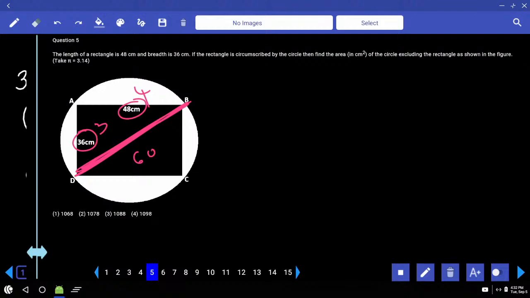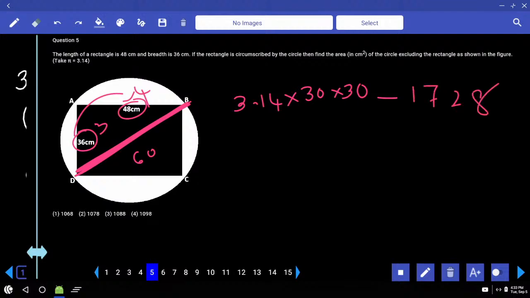So what is the radius of the circle? 30. So pi r square, pi is 3.14 into 30 into 30, that is the total area of the circle, minus the area of this rectangle, that is 144 into 12, that is 1728. 12 threes, 12 fours and 12 into 12 into 12, 1728.